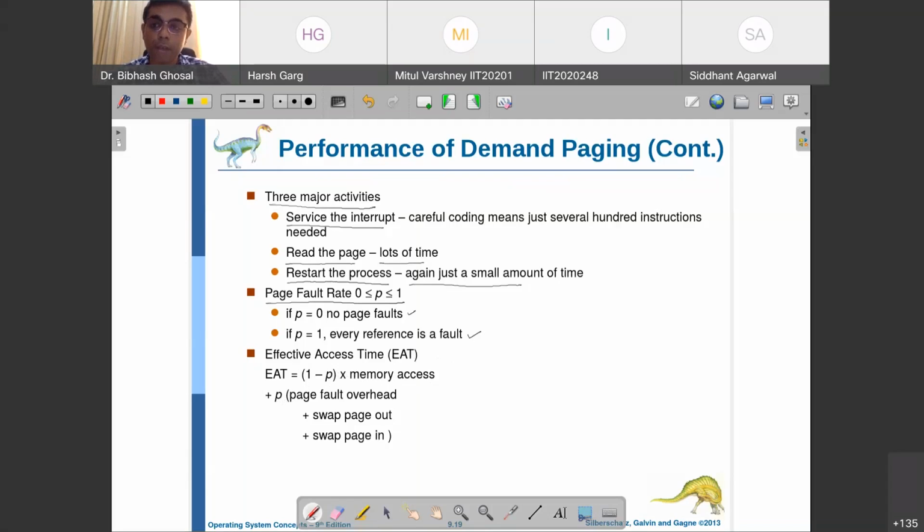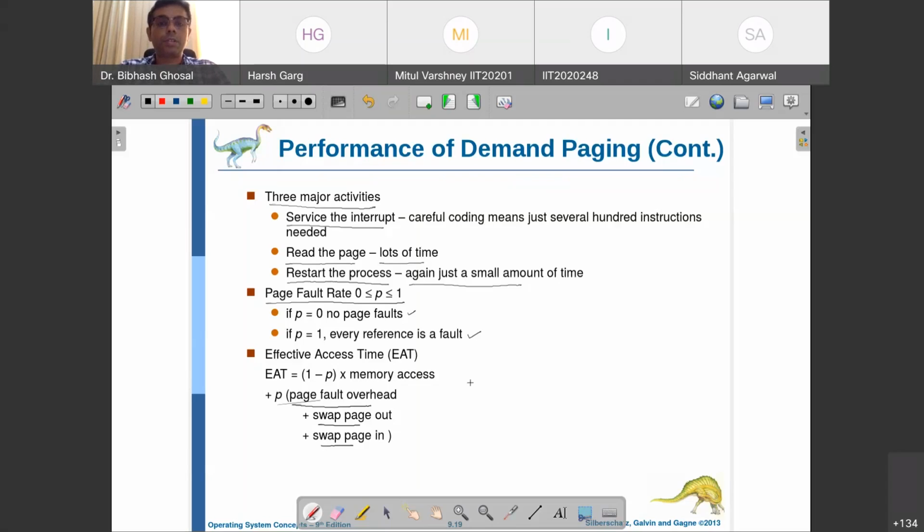And if you have a page fault, with probability P, then you will have some overhead. What is this overhead? Page fault service, swapping out a page, bringing in a page. This additional time is the effective access time.